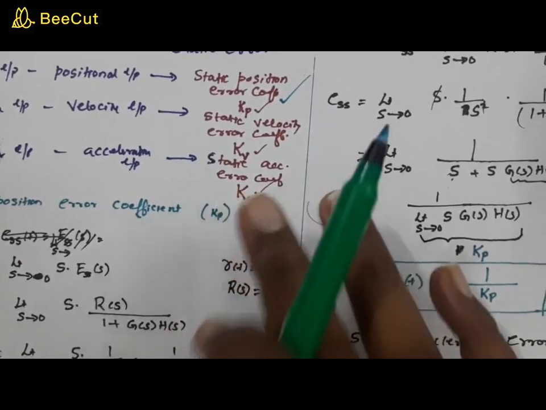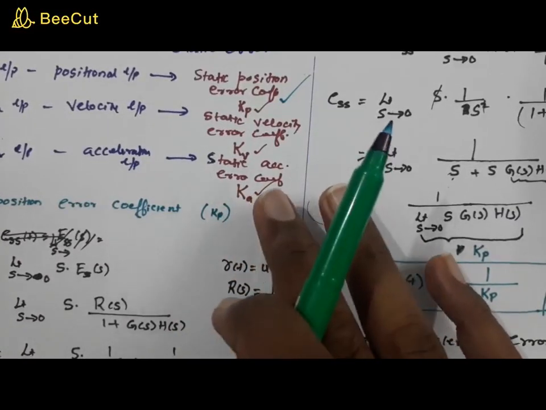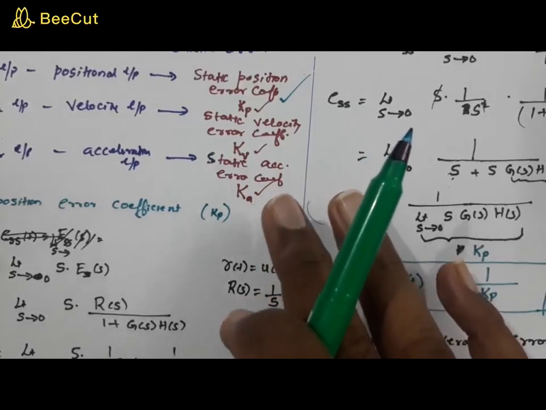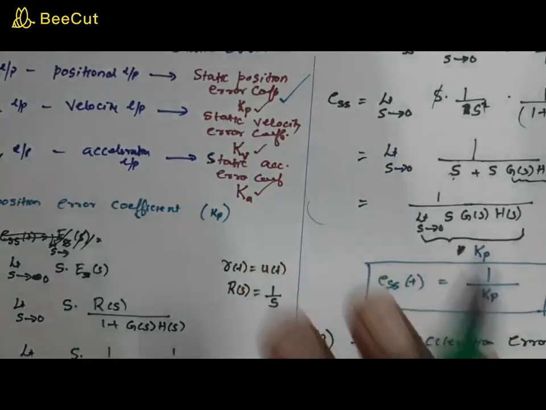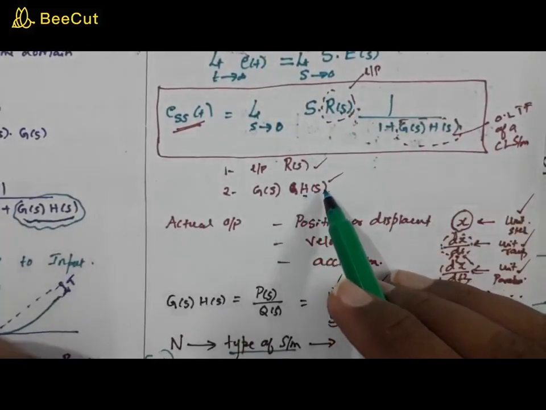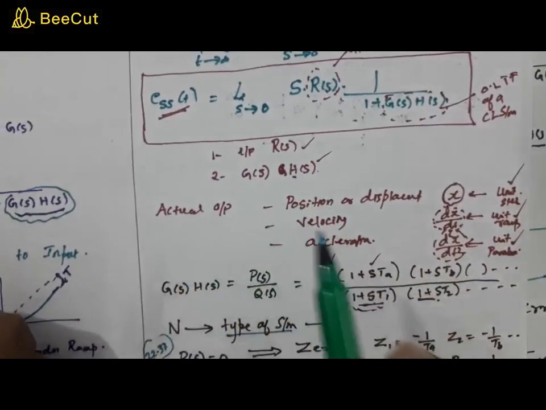In the next session, we are going to evaluate the steady state error based on different types of open loop transfer function, and we will see how it is related to G(s)H(s).